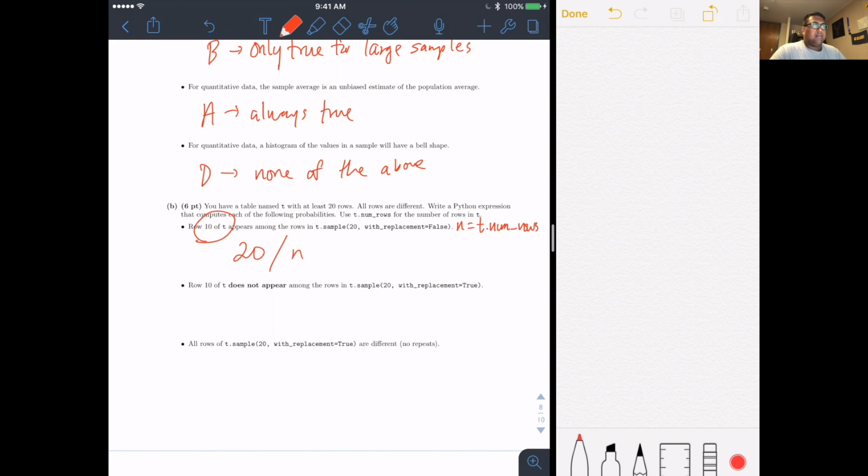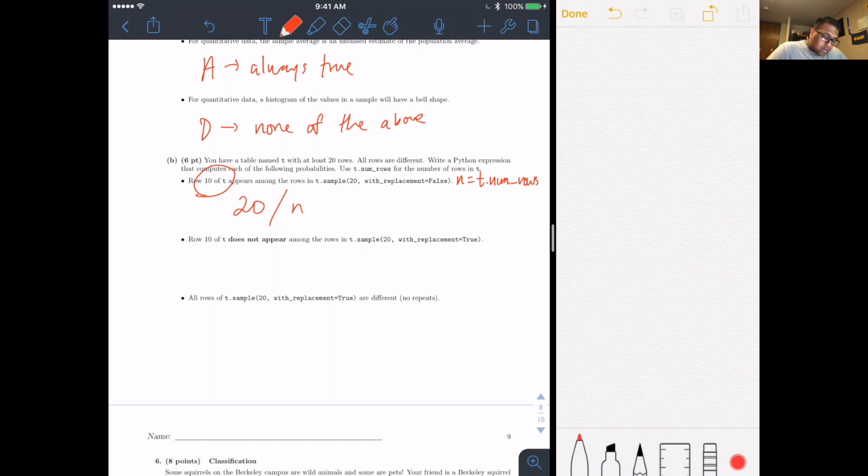That's the probability. You can liken it to what's the probability that the ace of spades is one of the first 20 cards you pick. If you pick 20 cards out of a deck of 52 cards, again, that's also 20 out of 52. Same kind of thing. The second one, we're sampling with replacement, so repeats are allowed. What's the probability that row 10 does not appear amongst the rows?